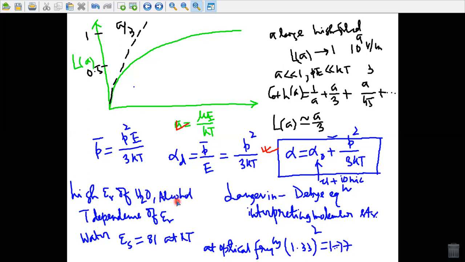We depend on this: the dipole moment P is determined either by alpha or the molar polarizability as a function of 1 upon T. I am giving the plots a little later.